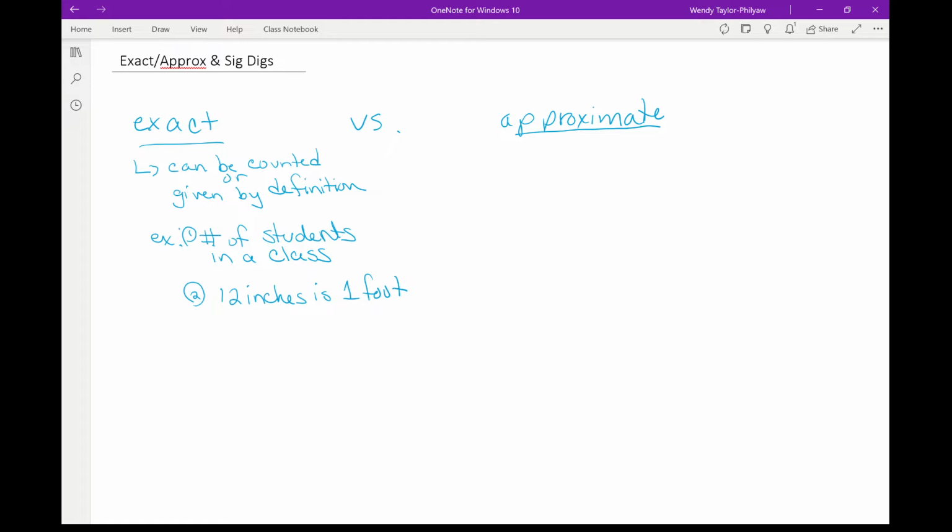Okay. On the other hand, approximate numbers are not called approximate because we've actually rounded them. They're called approximate numbers because they were obtained using a tool of some sort.